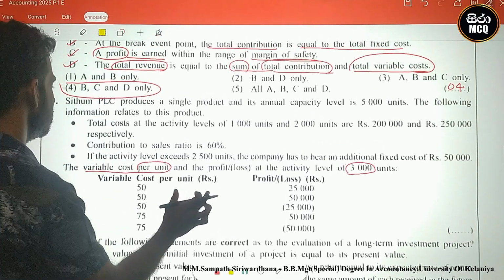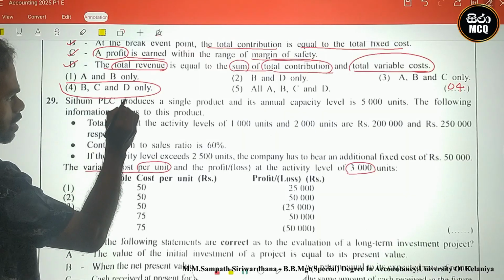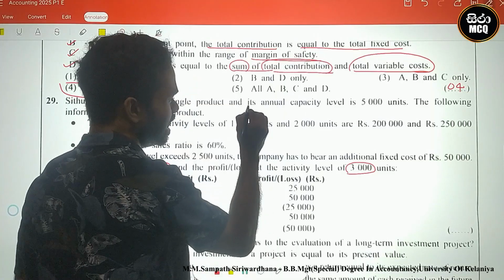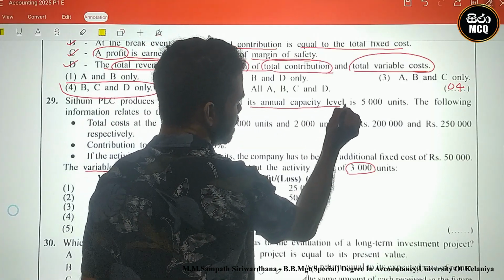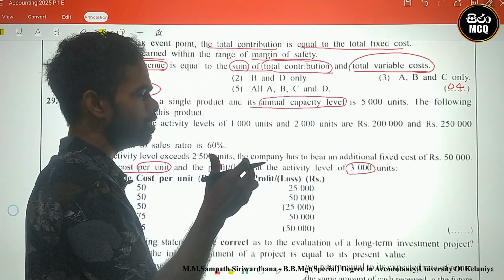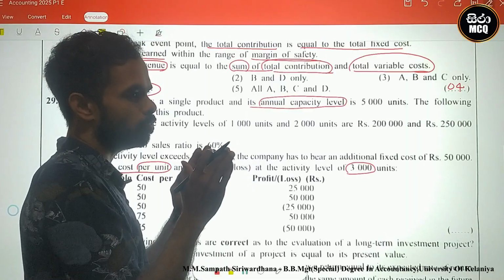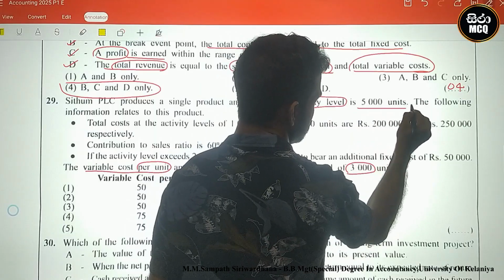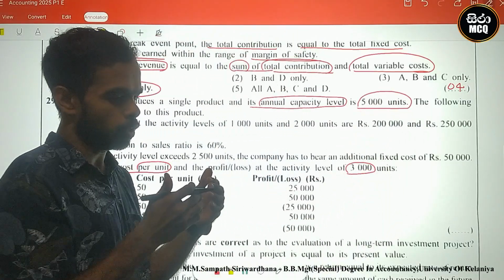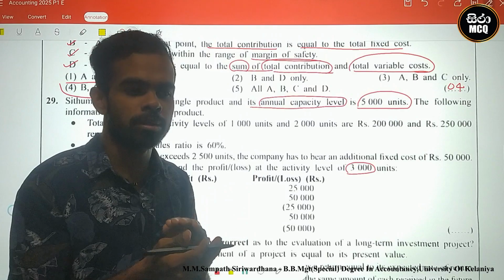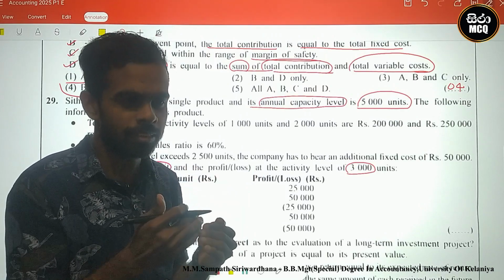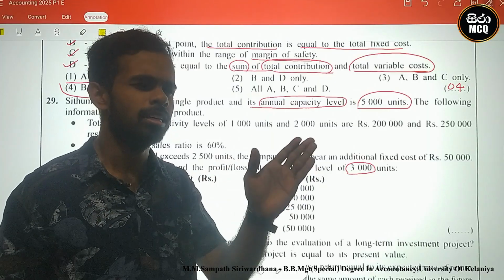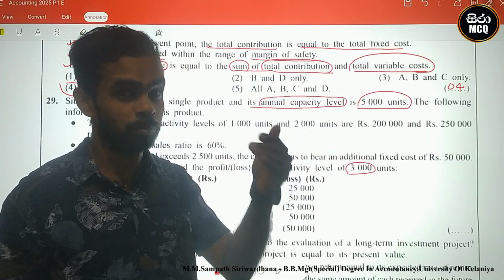Look here, this is the question. Situm PLC produces a single product, only one product, and its annual capacity level is 5000 units. Annual means one year. The maximum capacity level is 5000 units, so they annually produce 5000 units maximum.